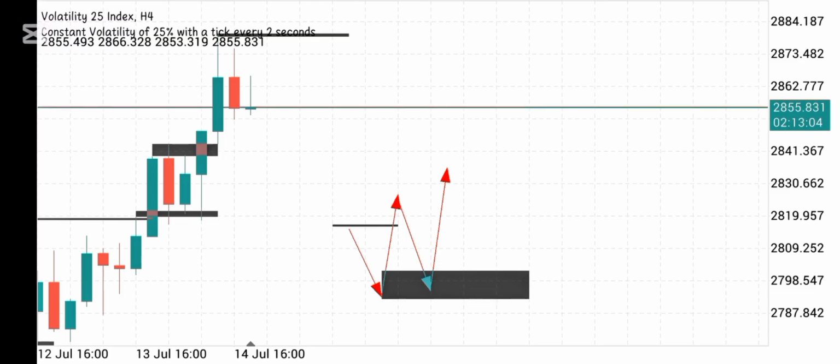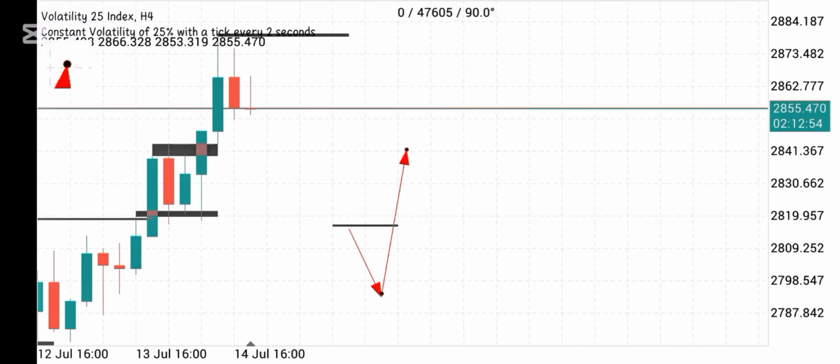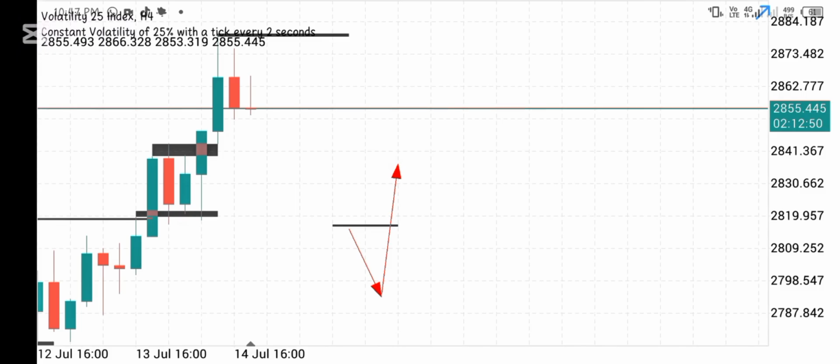Let's assume that you have it this way. The market has been pushing to the upside, and then suddenly we had the market coming back into this zone.